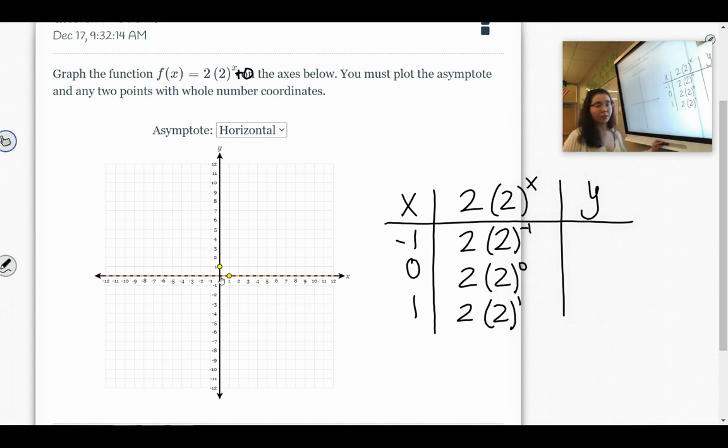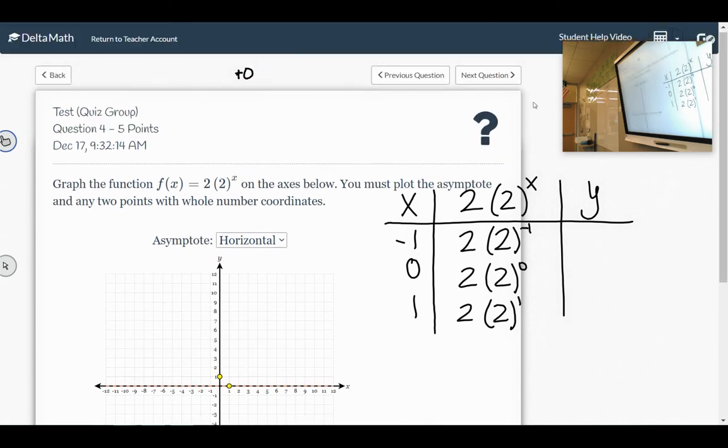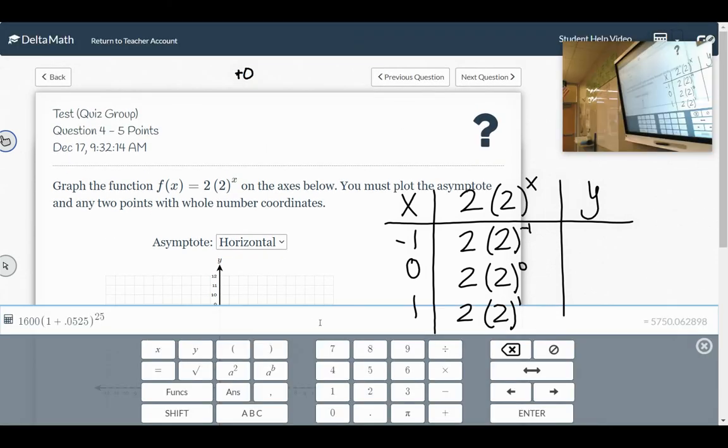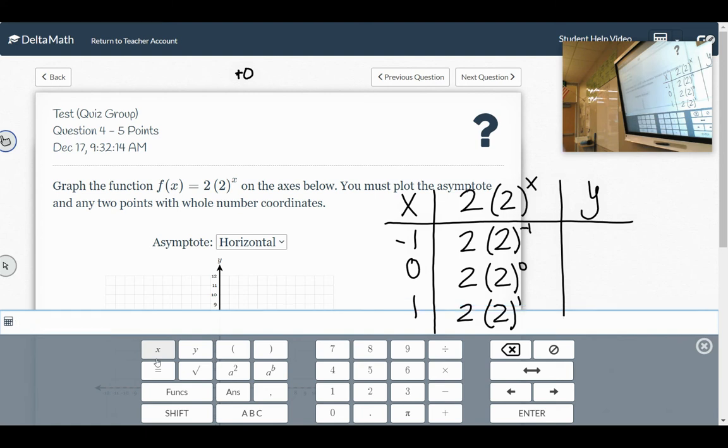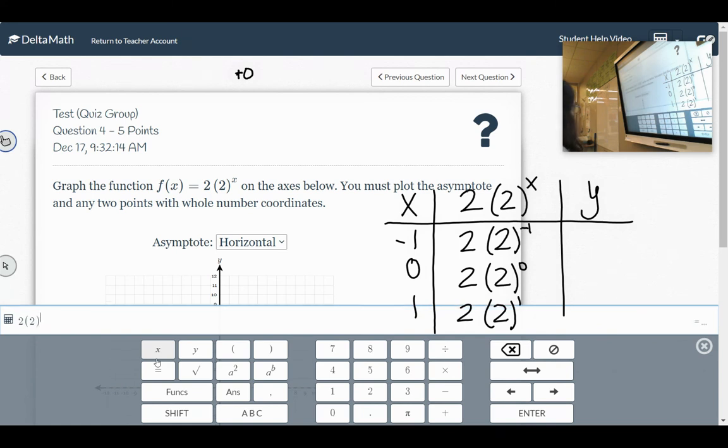So let's take our calculator and type these in. Now we're going to type these in exactly as they appear in our chart. So the first one I'm going to do is for -1. So when I have 2 times 2, and remember we changed our exponent now.